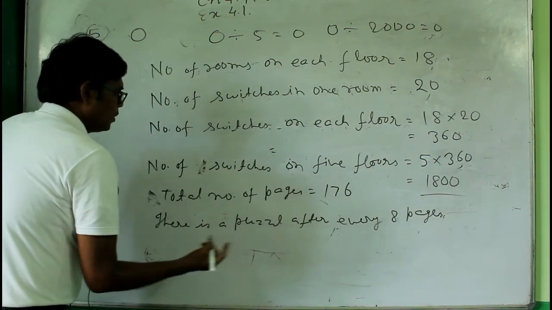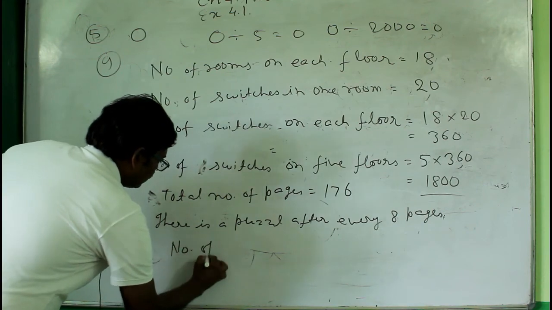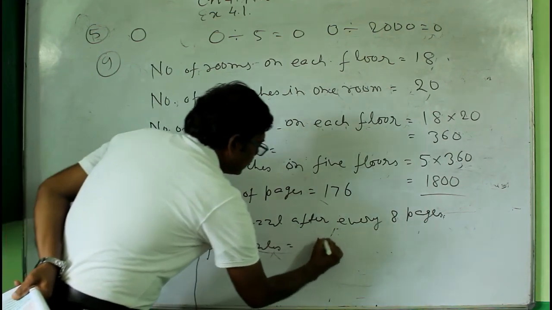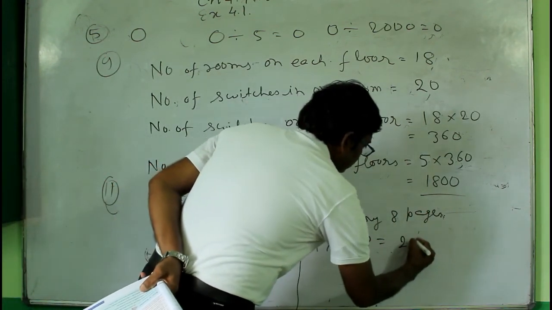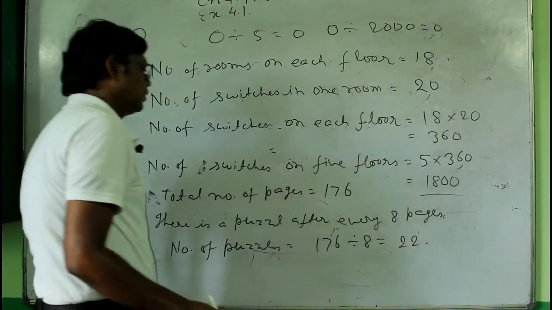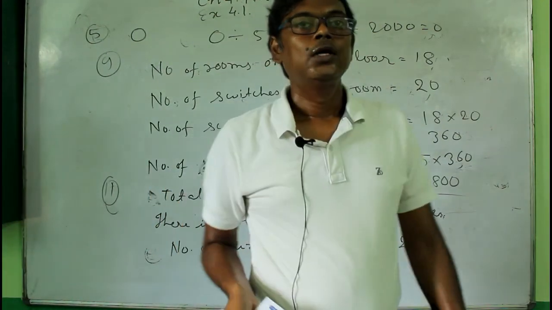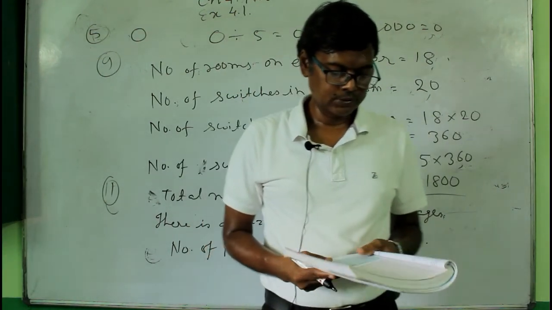So what is the total number of puzzles here? The number of puzzles equal to 176 divided by 8 equal to 22. Okay, so the answer here is 22. So in that book there are a total of 22 puzzles. Okay, so that is the answer of this question.